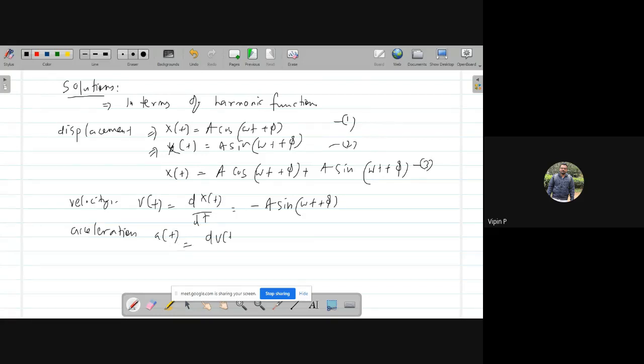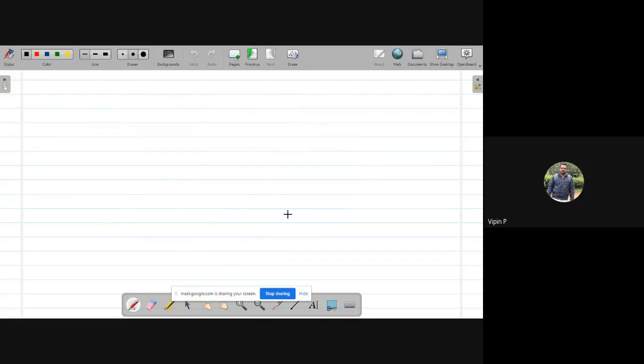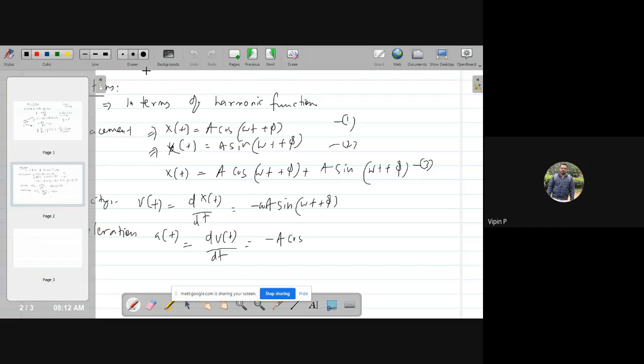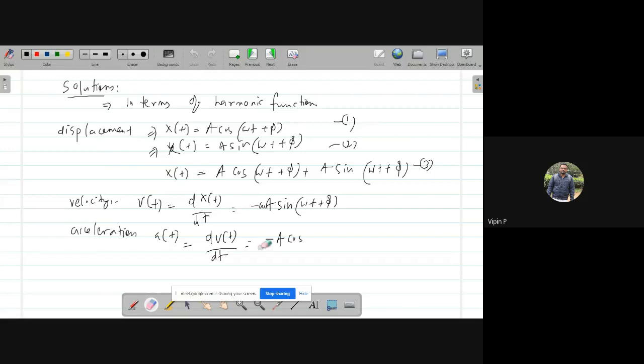So we get dv/dt, which will be minus A omega, and I'll have another omega here, so omega squared A cos(omega t plus phi), with the minus sign.